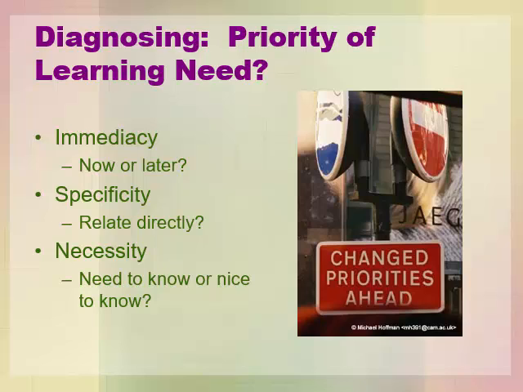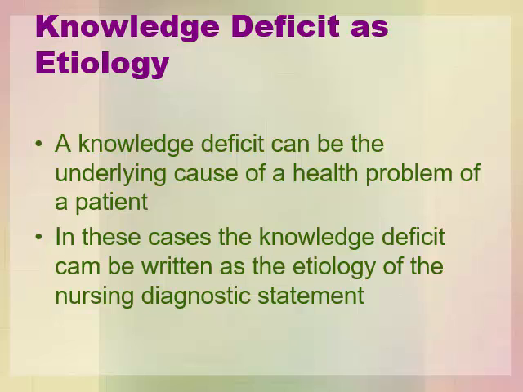So let's talk about a couple of those nursing diagnoses that we listed before. The first one is knowledge deficit as an etiology. So a knowledge deficit can be the underlying cause of a health problem for the patient. In these cases, the knowledge deficit can be written as the etiology of the nursing diagnostic statement.